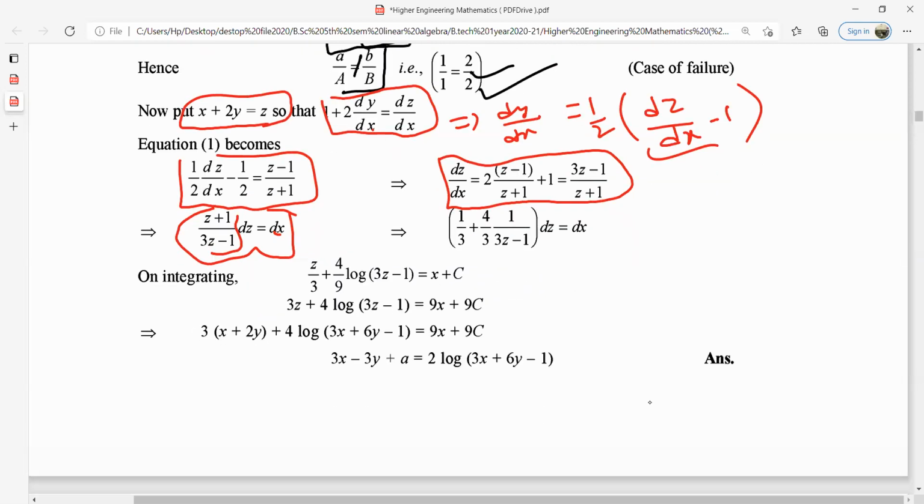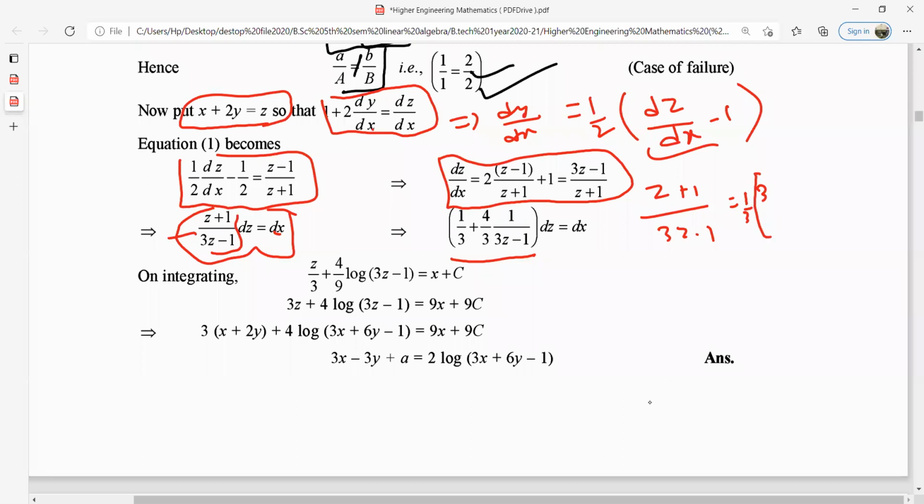After that, simplify this also. In the same way, what do we do here with this portion? We have to simplify z plus 1 divided by 3z minus 1. So we multiply by 3 and divide by 3, so 1 by 3 is written outside.